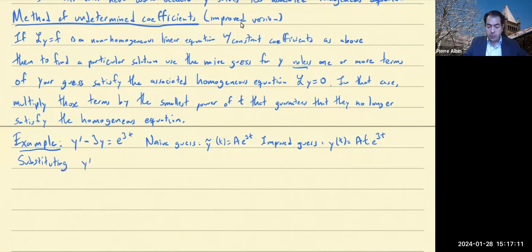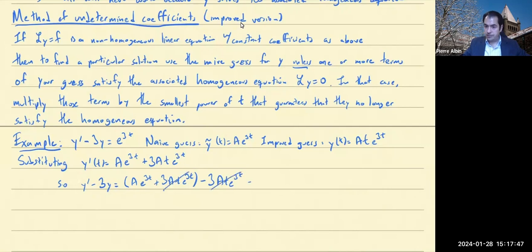So we have y of t equals a times t times e to the 3t. Substituting, we get y prime of t equals a times e to the 3t plus 3a times t e to the 3t. So if you plug this into the equation, y prime minus 3y, we get a e to the 3t plus 3a t e to the 3t. And then we subtract 3 times y, so 3a t e to the 3t. And notice that this term cancels with this one.